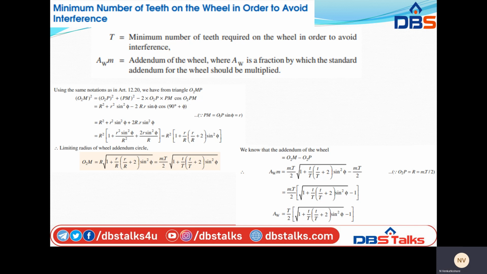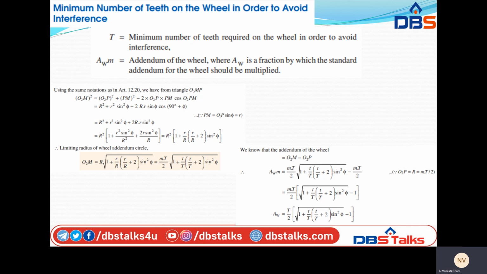We know that the addendum of the wheel is O2M minus O2P, that is AW is equal to small m into capital T by 2 into square root of 1 plus small t by capital T into small t by capital T plus 2 into sin square phi, minus small m into capital T by 2, that is O2P.